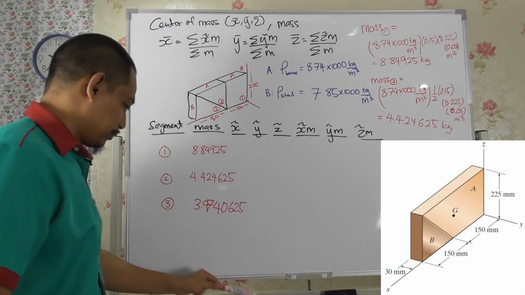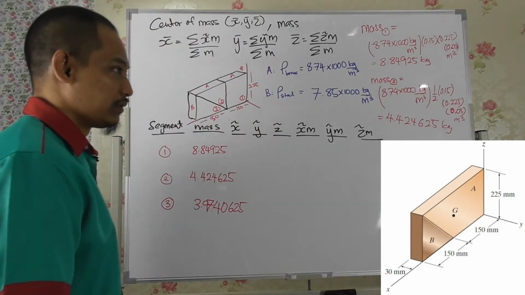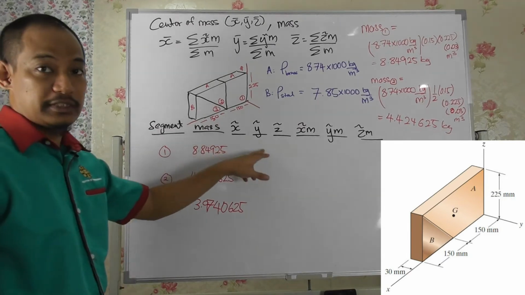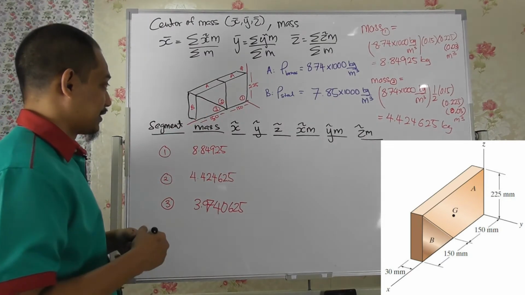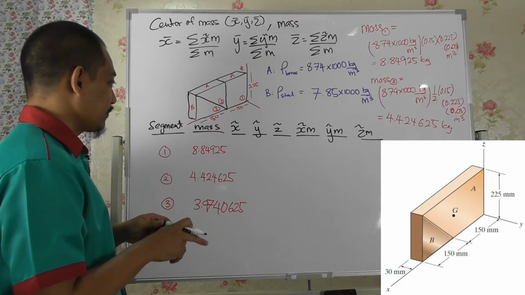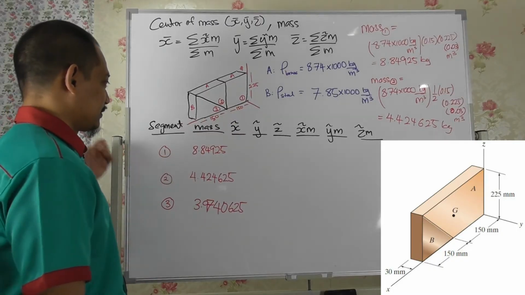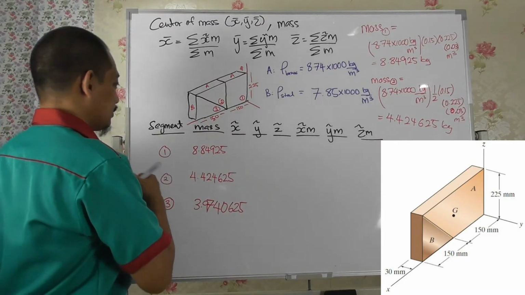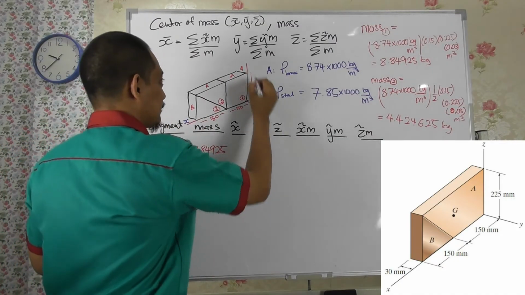So let's go for the centroid. What is the centroid for each of these shapes? For shape number 1, what is the x? The x-axis is here, y-axis is here, z-axis is here.